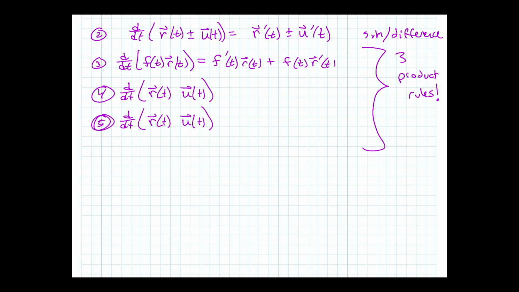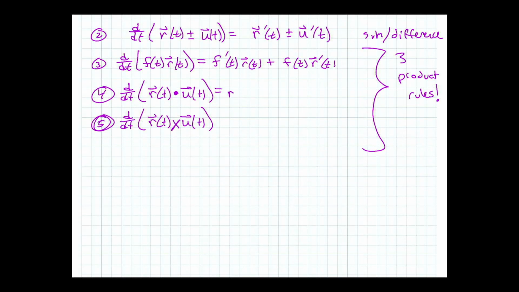You can't just write them next to each other. So the first one is a dot product between two vectors, and the other one is a cross product between two vectors. Each of those has its own product rule, and they're just the regular product rule, okay? But you just have to write it out with the right symbols. The form is the same as the product rule, I should say.